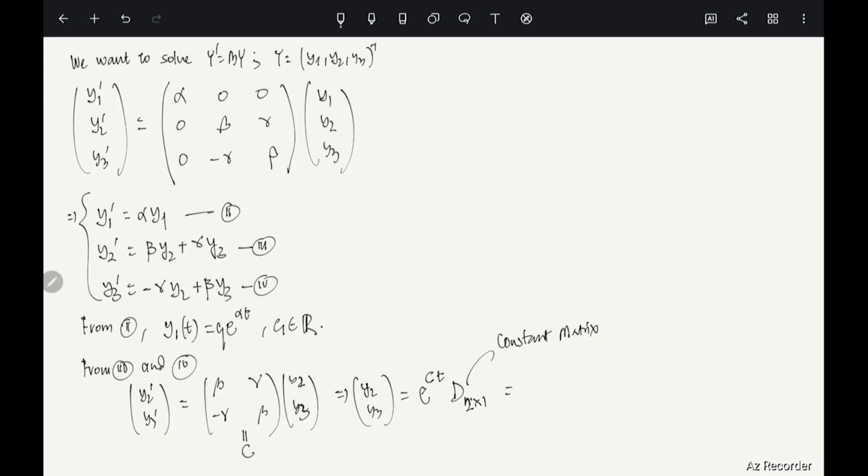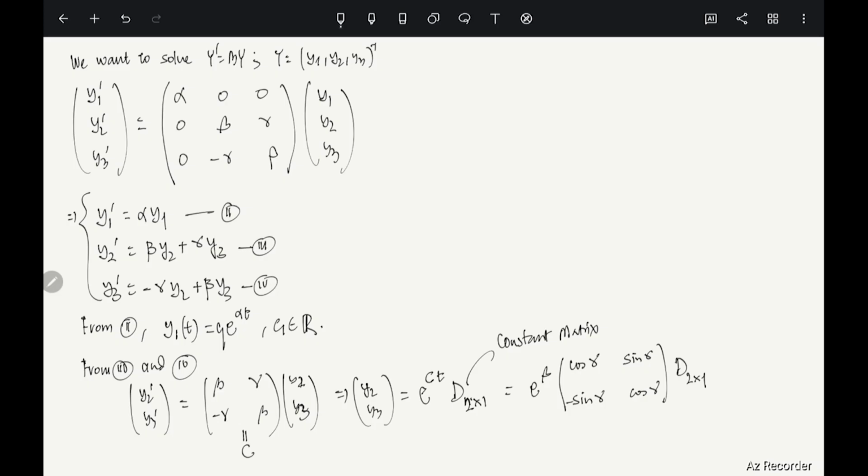What we found is that it is e to the power beta times the matrix cosine gamma, minus sine gamma, sine gamma, cosine gamma, times a matrix D, a 2 cross 1 constant matrix. We did this maybe two videos back.